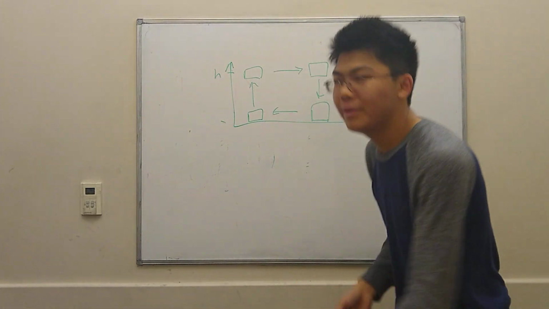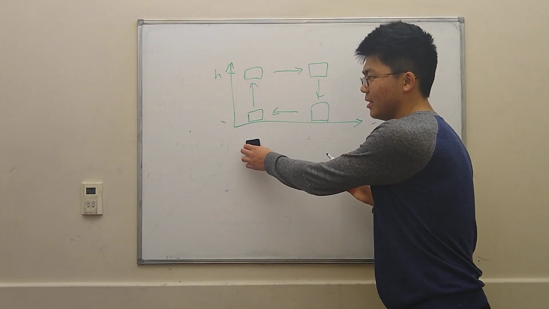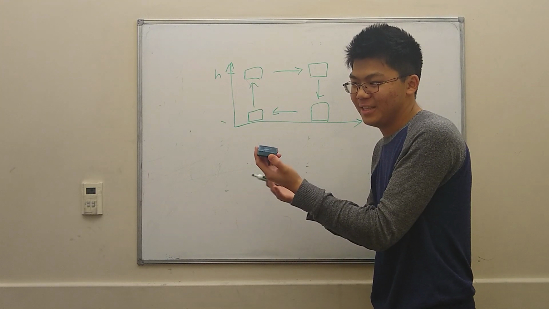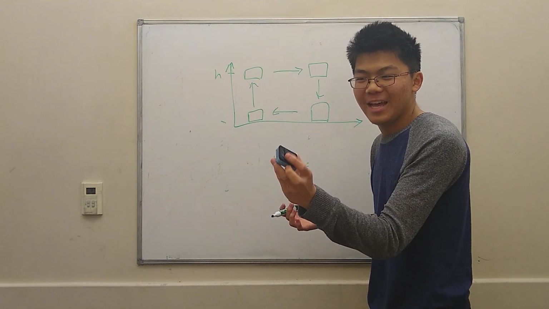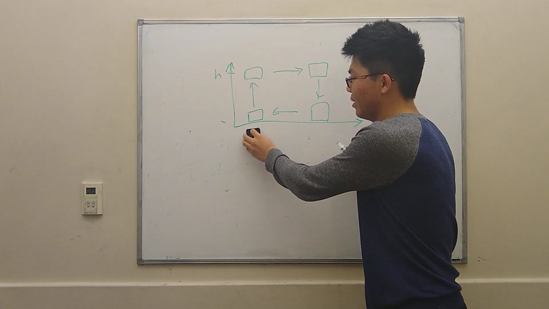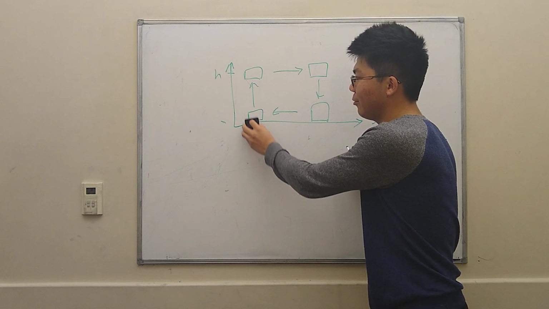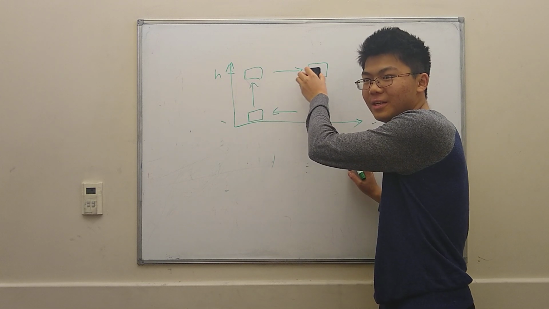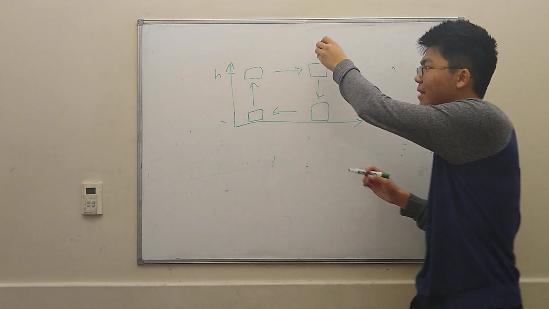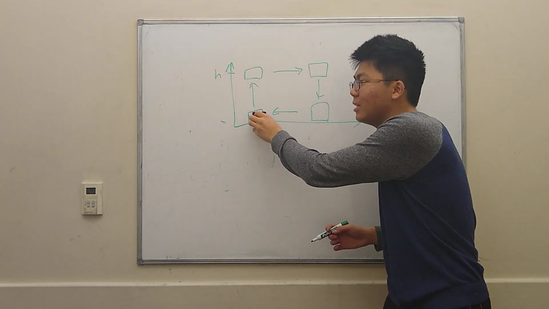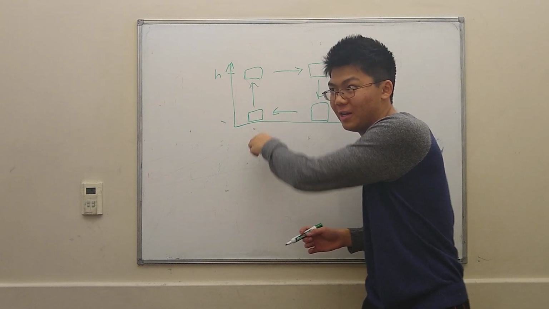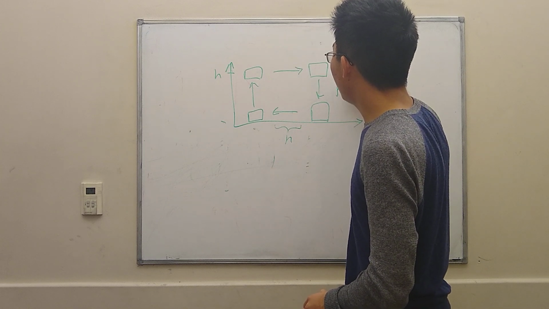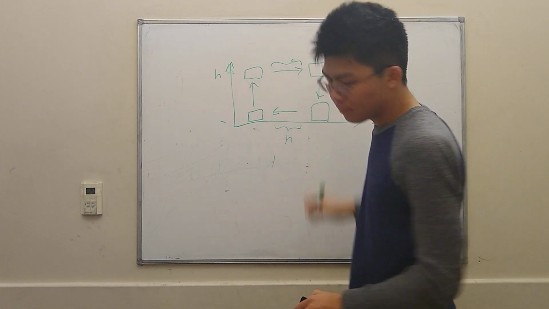So in this case, pretend that I'm moving a box, or any object in this case. It could be this. And so I'm going to move this in a loop. I'm going to start here. I'm going to move up here. I'm going to move to the left, to the right, I mean. And then I'm going to move it down and back to the left, back to where it started. In this case, all 4 lengths are h.